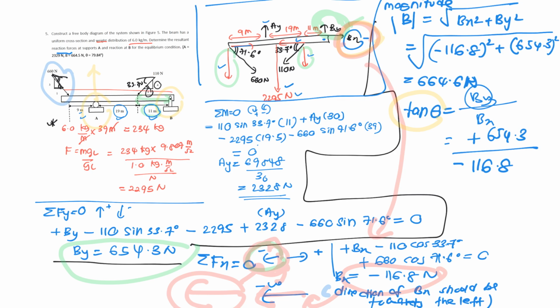So at the tangent part, you need to put a true direction with the correct sign. True direction with the correct sign. For example, if I assume downward, but my answer I get negative, so the true direction is going to be upward.